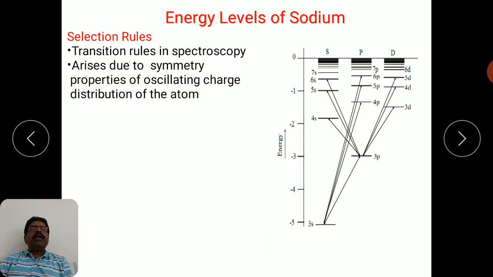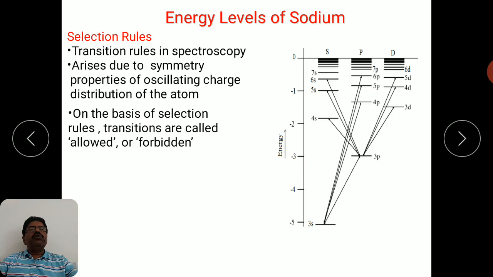These are actually a set of rules for the transitions. They arise due to the symmetry properties of the oscillating charge distribution of the atom, the charge being due to the electron. This oscillating charge distribution in an atom decides this particular set of rules.